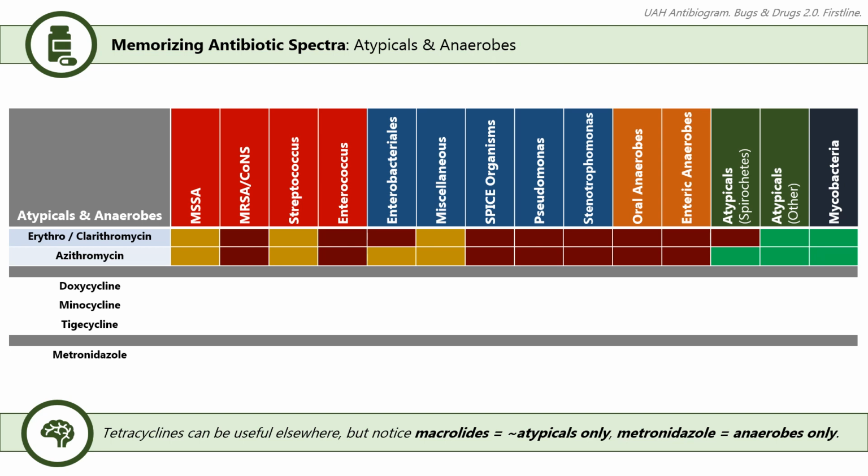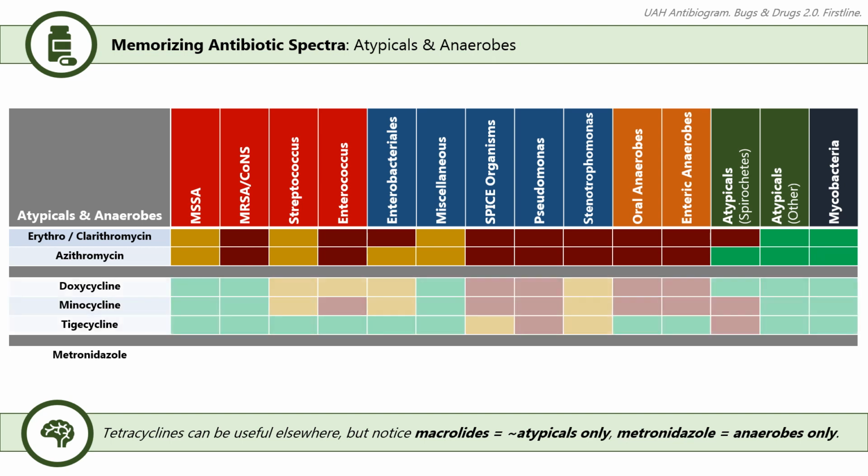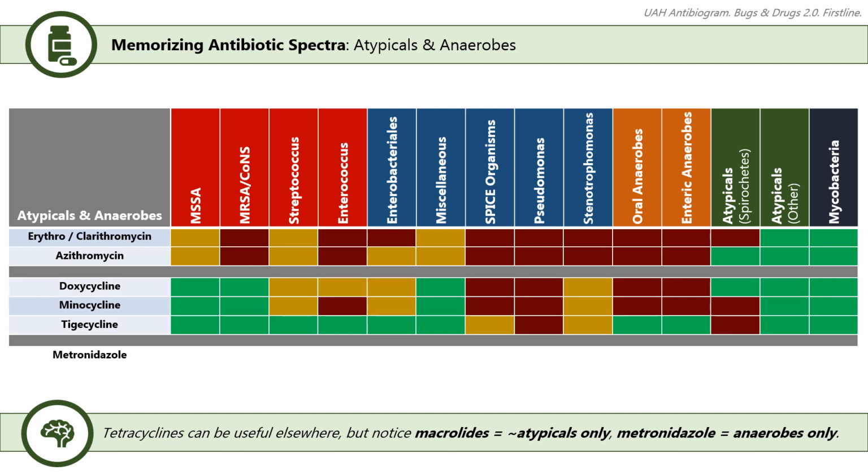The real use of macrolides is against respiratory atypical organisms like Mycoplasma species or Chlamydia. Tetracyclines, which include the prototypical tetracycline and the newer doxycycline and minocycline, are actually excellent agents against MSSA and MRSA as well. They have some other various activity, but are generally unreliable against Streptococcus, so their use is generally isolated to MSSA, MRSA, and atypical infections.